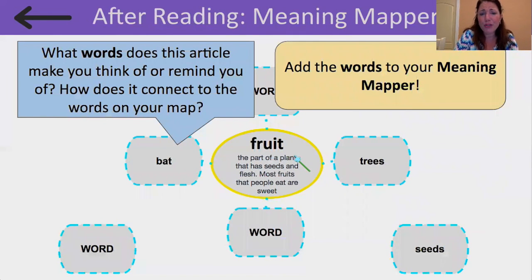And trees produce the fruit. So what word or words does the article that we just read remind you of as we read this text? Take a minute and jot that down now on your meaning mapper.